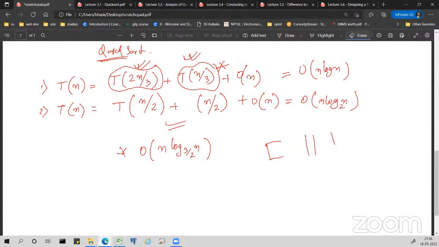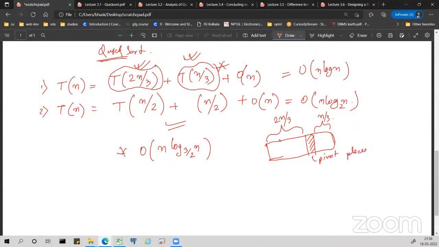Just a second. Redraw it. So this is the larger part, so this size would be 2n by 3. This is the smaller part. This is n by 3. This is the element after the partition, that is, the pivot element placed at its proper position.